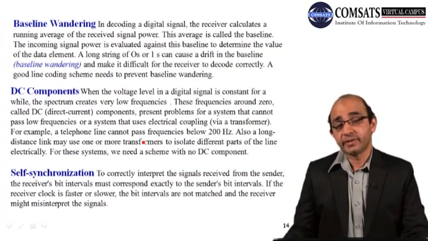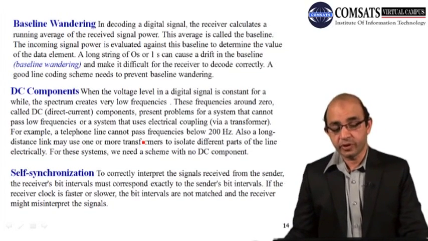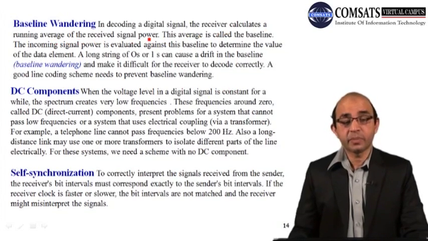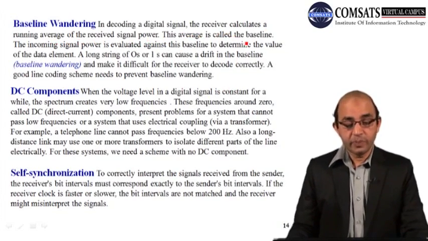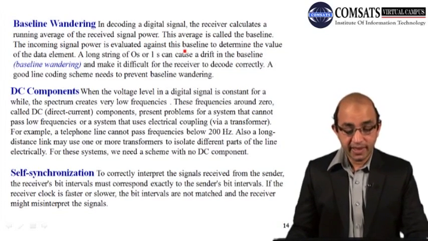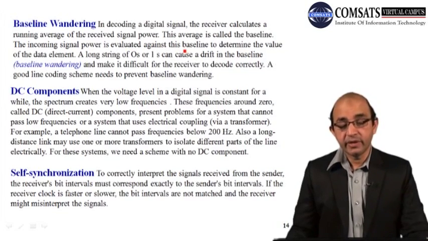So here are some of the terminology when we talk about data communication. Baseline wandering: in decoding a digital signal, the receiver calculates a running average of the received signal power. The average is called the baseline. The incoming signal power is evaluated against this baseline in order to find the value of the data element.